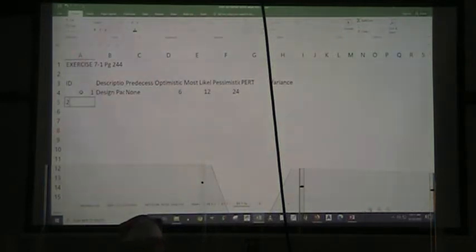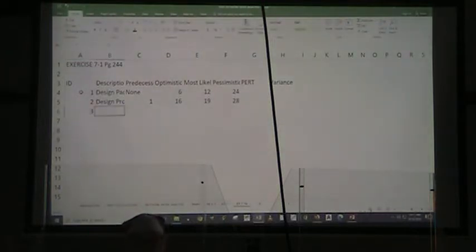All right, so activity 2 is design the product. Predecessor activity is 1. The optimistic time for that is 16. The most likely time is 19. And the pessimistic time is 28.